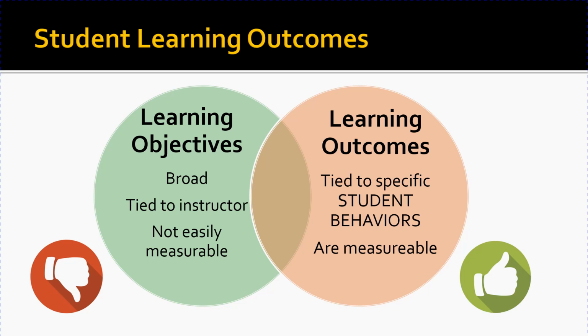Learning objectives over there on the left being broad and tied to the instructor, like I will lecture on the Great Depression and students will take notes. Notice that's not really easily measurable. What we want to focus on is the learning outcomes on the right. Those are tied to specific student behaviors that can be measured.